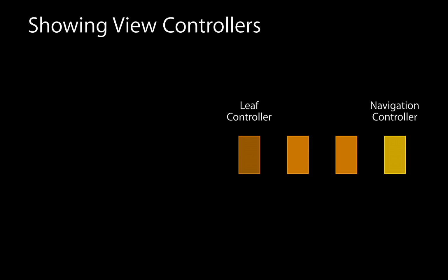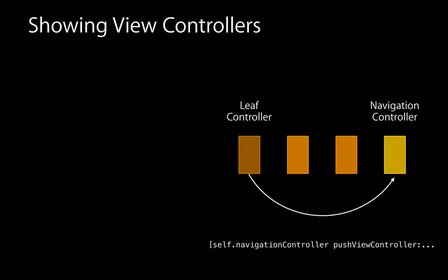Now, one other change that we've made to how view controllers work in iOS 8 is in the way that you show view controllers. In the past, if you had a leaf view controller, like a table view controller, and you showed a different one, perhaps by tapping on the cell, that view controller would reach up through the view controller hierarchy and grab the navigation controller that it was embedded inside of and call push view controller on that.